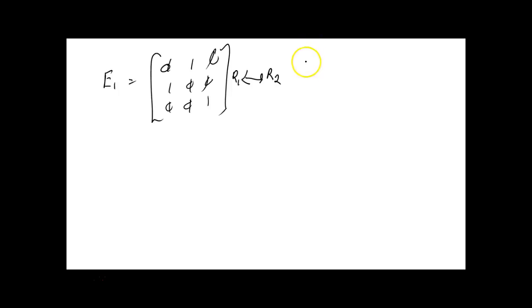Now, the inverse of that matrix, E1 inverse, any idea what that one would be? The same elementary matrix. The inverse of an elementary matrix that you got from exchanging two rows is exactly that one.